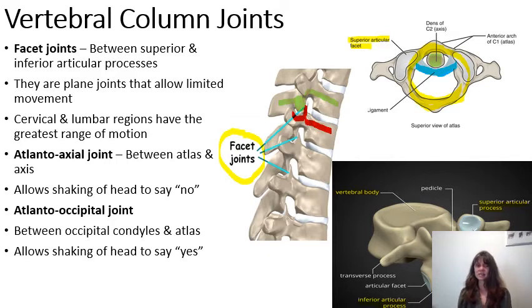The atlanto-occipital joint allows for 50% of nodding, which is a yes motion, and then beyond that 50%, the rest of the cervical spine will kick in for additional flexion and extension, which technically this is flexion extension.